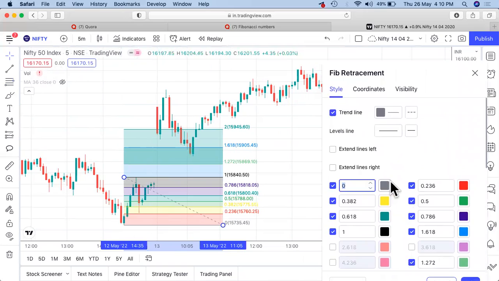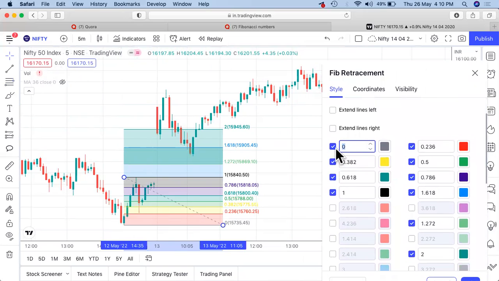Now, as we saw in Fibonacci ratios, 0, 0.236, 0.382, 0.5, 0.618, 0.76, and 1 was there, right? After that, we have 1.272, which is an extension, 1.618, which is an extension, 2.618, which is an extension, 3.618, which is an extension, right?